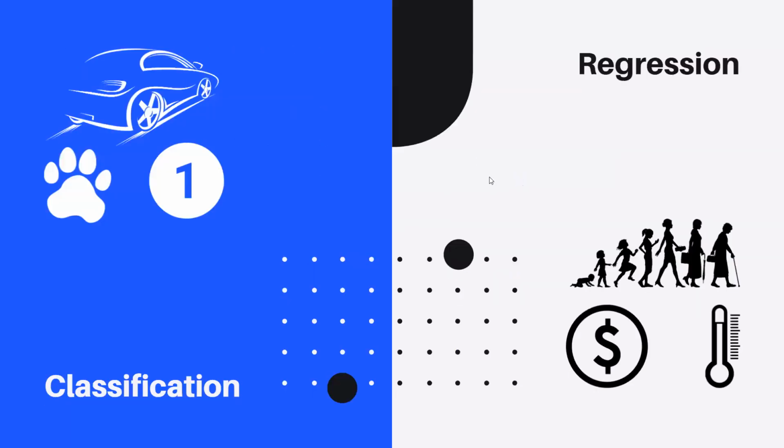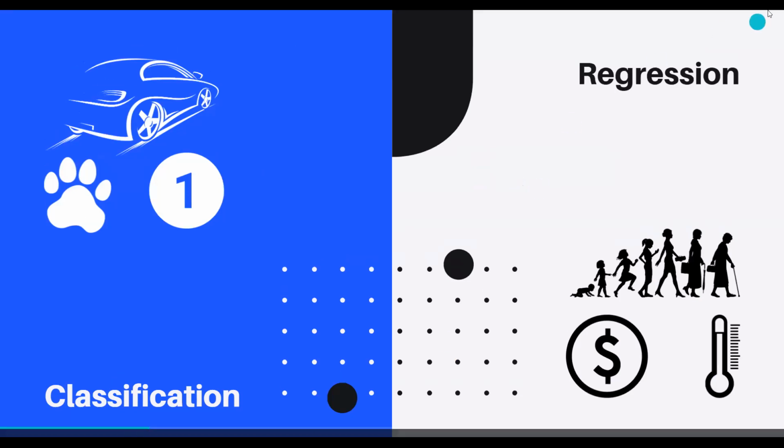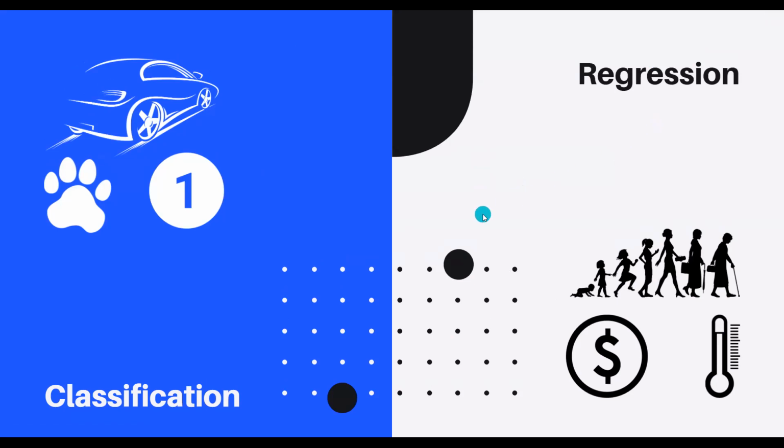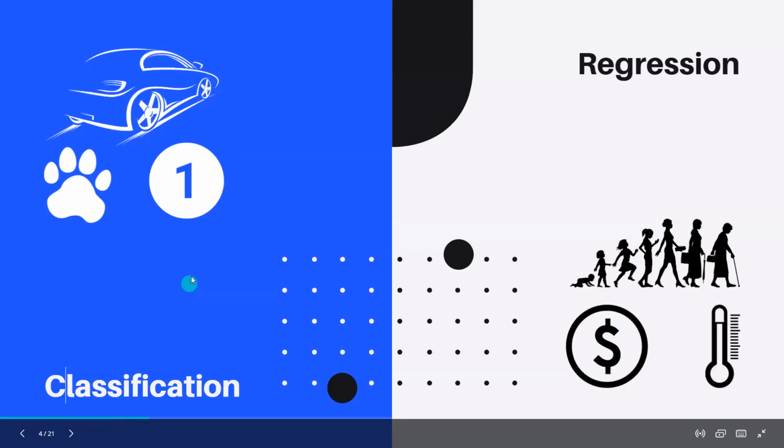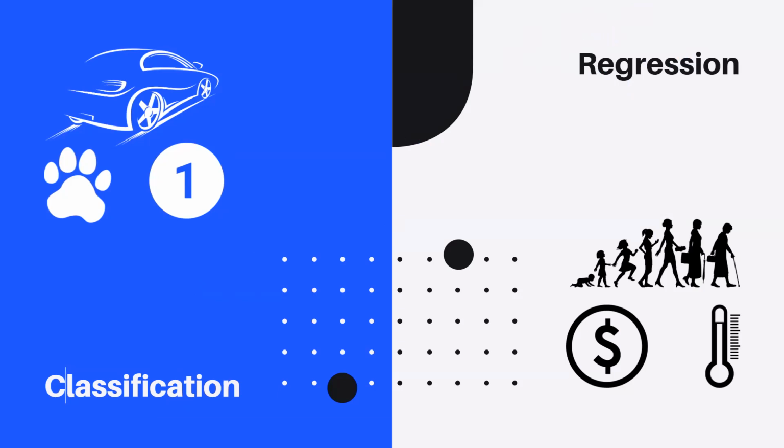So now that we understand the relationship, what is classification and what is regression, I'm going to ask you a very simple question, and I'm sure that all of you know the answer already. Are these two types supervised, unsupervised, or what exactly?